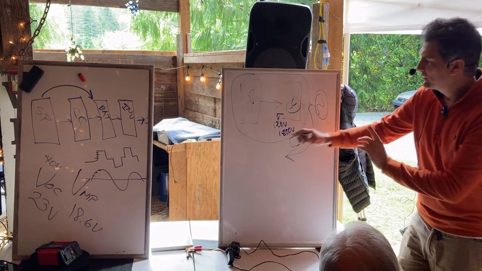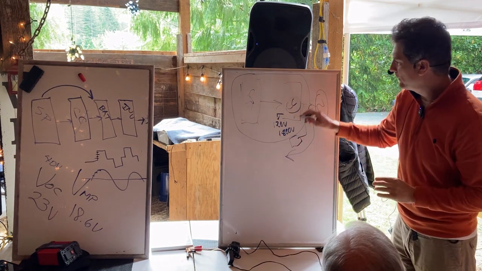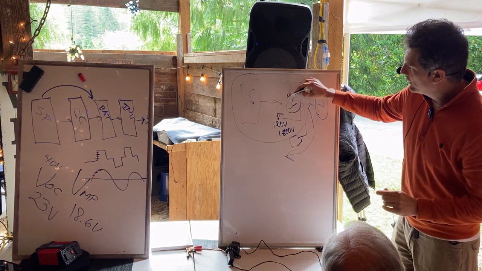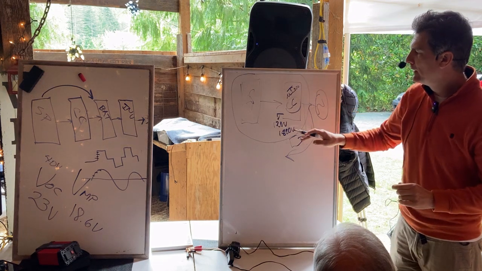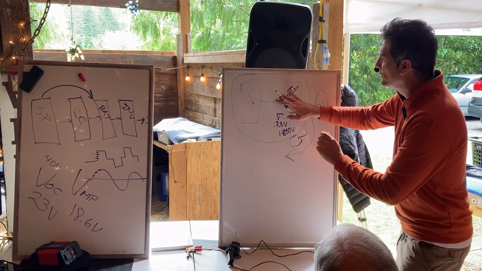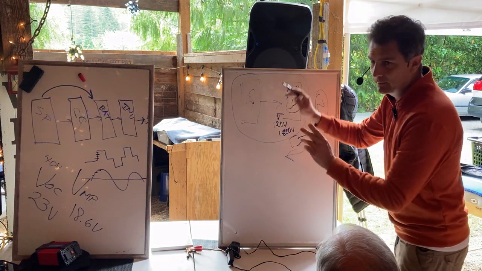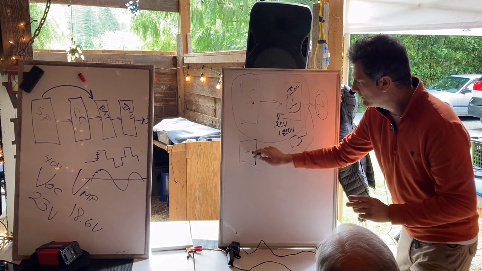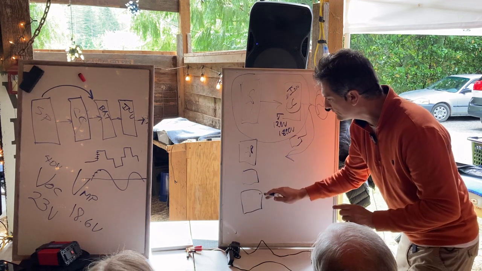This is a typical system. There are also things called microinverters. I'm showing this charge controller, which is really also called an inverter. A microinverter is also in this path, but what it's doing is, here's a solar panel, here's another solar panel, here's another solar panel.